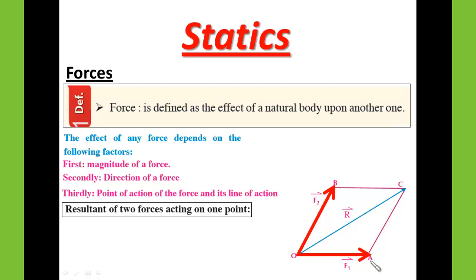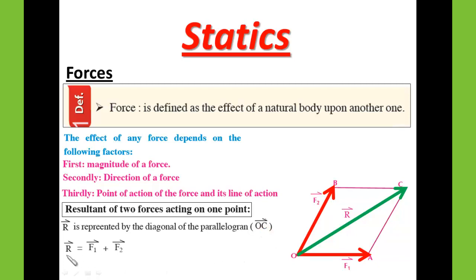Note that OA and OB are two adjacent sides on the parallelogram. Then R will be represented by the line segment OC, such that OC is the diagonal in this parallelogram. So we can say R is represented by the diagonal of the parallelogram OC.